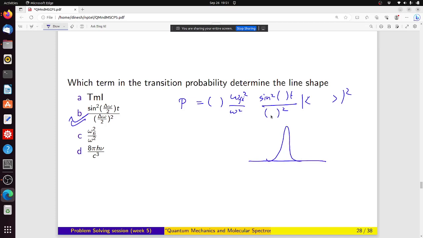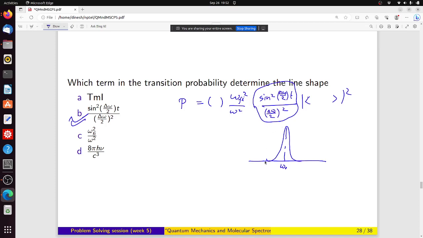This peak is due to this function, delta omega over 2 omega over, which is nothing but the Dirac delta function. So it will peak at some particular frequency omega.